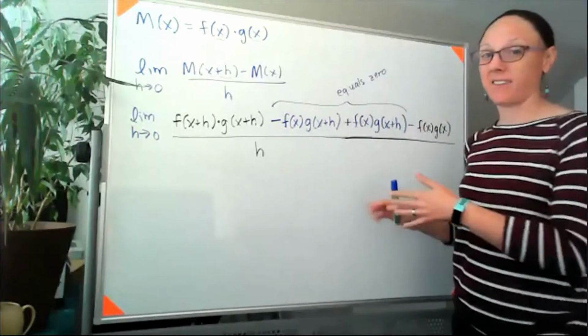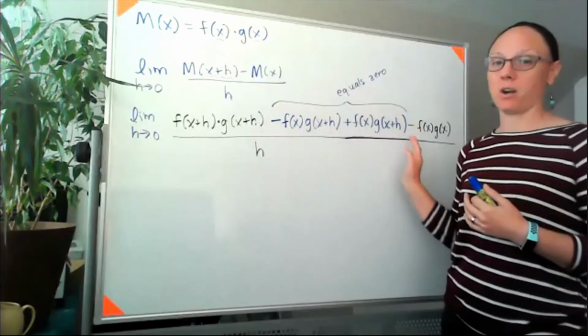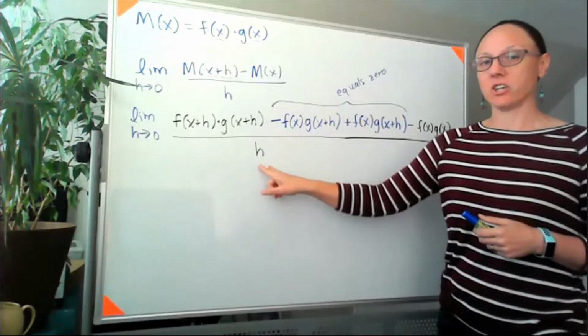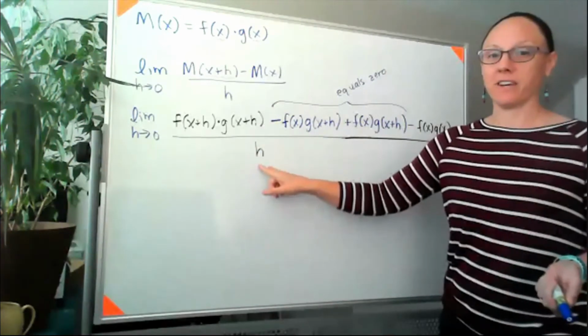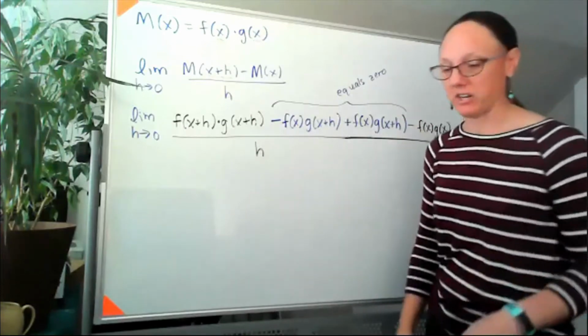Now the next thing that this mathematician did was to regroup the parts, because having that common denominator of h, we can really think about this as separate fractions, each with the denominator of h.